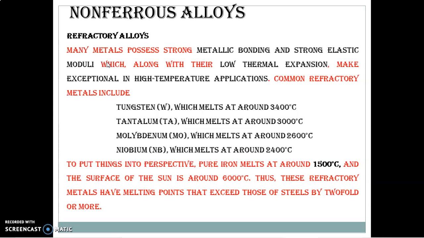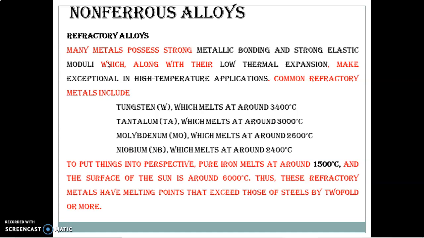Tantalum is another kind of refractory alloy which has a melting temperature of 3000 degrees centigrade. Molybdenum melts around 2600 degrees centigrade. Niobium melts at around 2400 degrees centigrade.